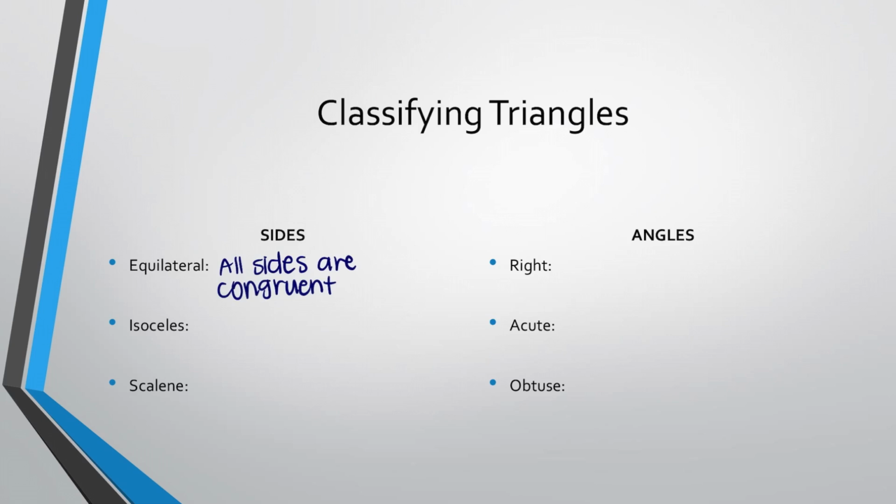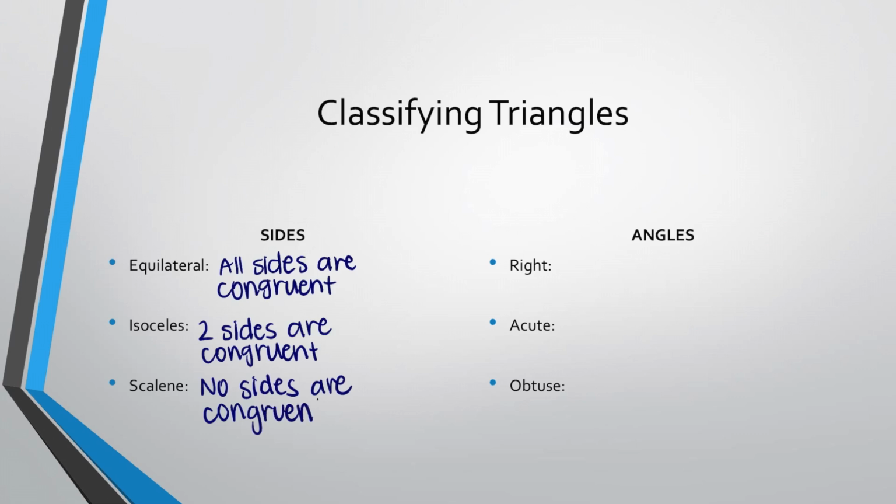But we use it a lot in geometry. So all sides are congruent. In an isosceles triangle, 2 sides are congruent, but the third side is not. And in a scalene triangle, no sides are congruent. All 3 of them are different sizes. Okay, so that's in terms of sides.